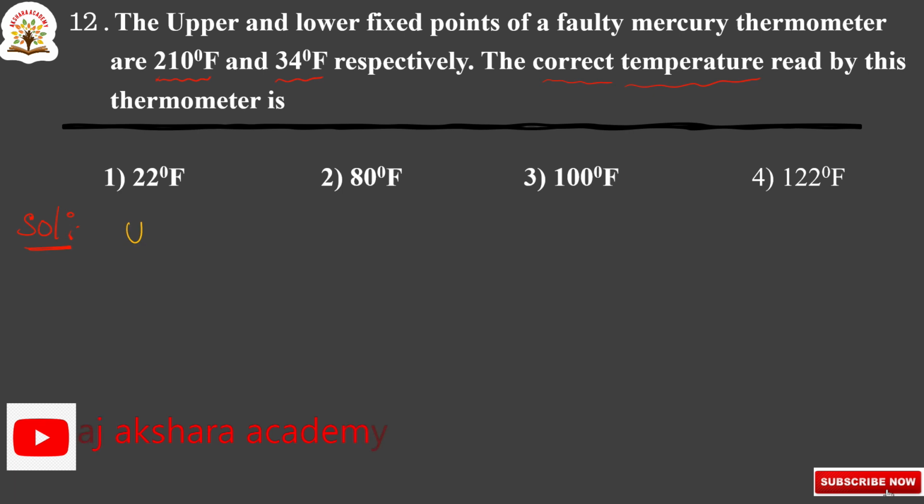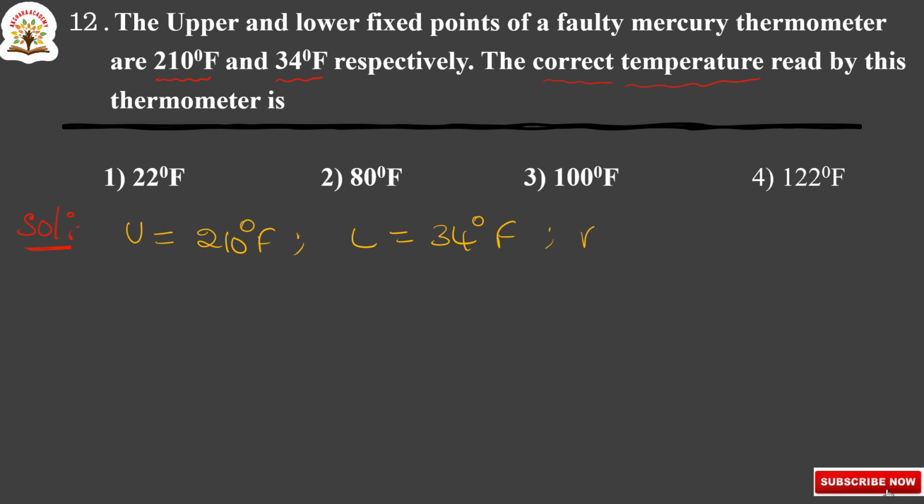Given U is equal to 210 Fahrenheit and the lower fixed point L is equal to 34 Fahrenheit. F is what we have to calculate.